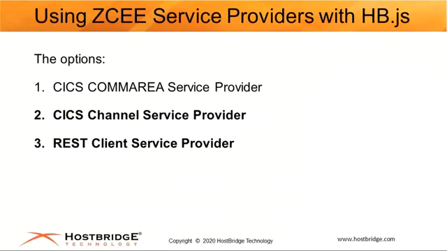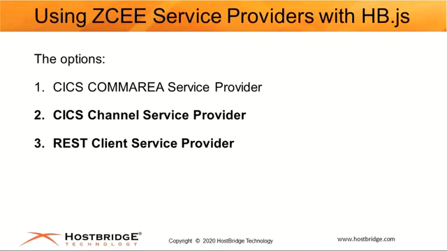Now, if you've dug into ZCEE, you know that everything in ZCEE is organized around one particular paradigm, and that is that of service providers. So if you look at the documentation, you'll see lots of different service provider types. When you're going to CICS, there are 3 service providers that are most relevant, and these are their names.